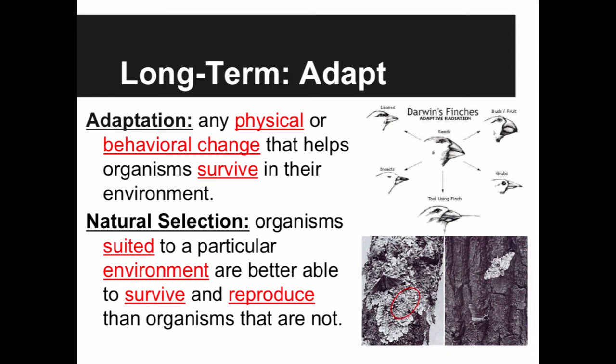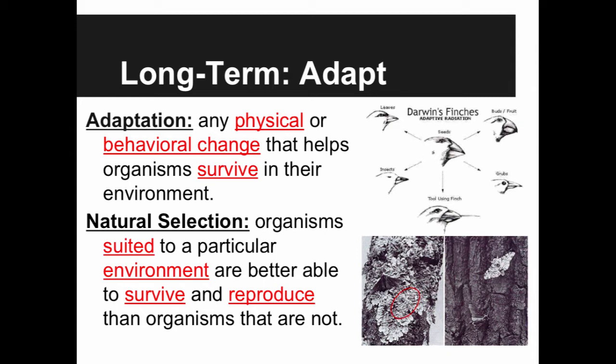Then when the revolutionary period came and everybody started burning factories and coal, all the trees became very, very dark and the lichen died because of all the carbon dioxide being put into the air. And now all of a sudden nature has switched. The white moths were sticking out like sore thumbs and the black ones that had survived were blending in.